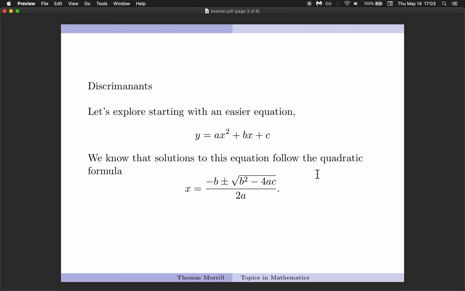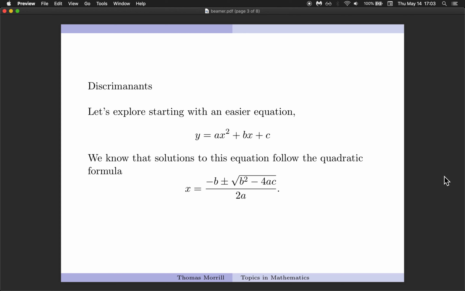I claim the most interesting part of this formula is what happens underneath the square root, right? I can take a negative b, I can take a 2a, that's just sort of bog standard. But the behavior of my solutions ultimately comes down to what I've got under that square root sign.